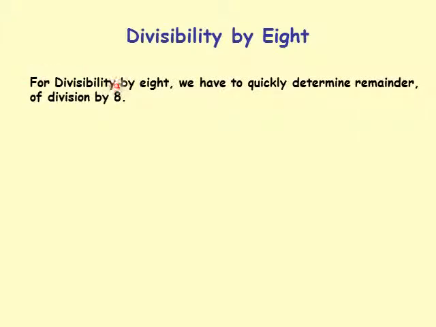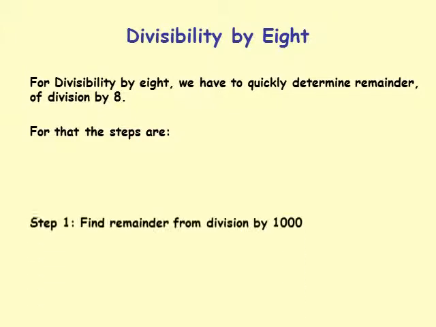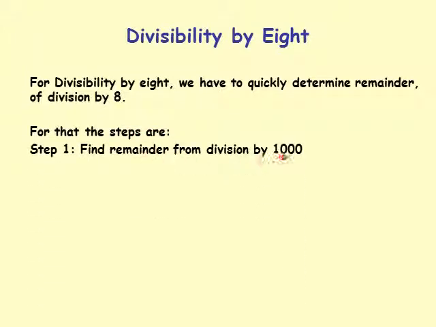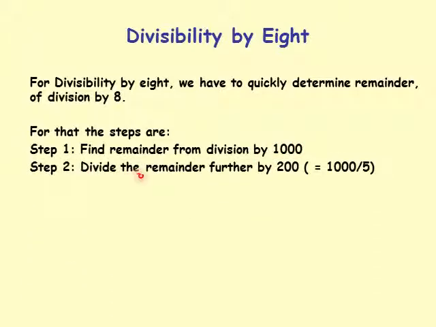Now try to extend that to divisibility by 8. For divisibility by 8, we have to quickly determine the remainder of division by 8. The steps are: find the remainder from division by 1000. 1000 is 8 times 125. Then divide the remainder further by 200. 200 we got from 1000 divided by 5, and 200 is 8 times 25.